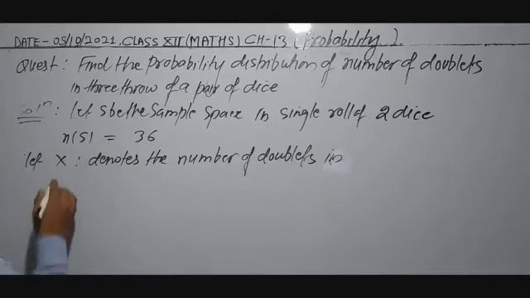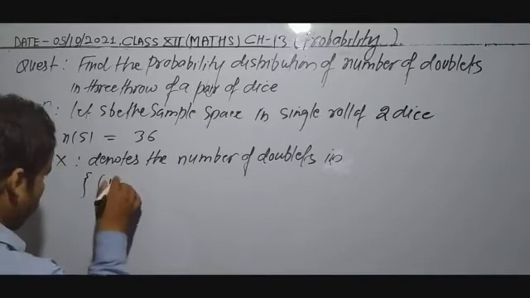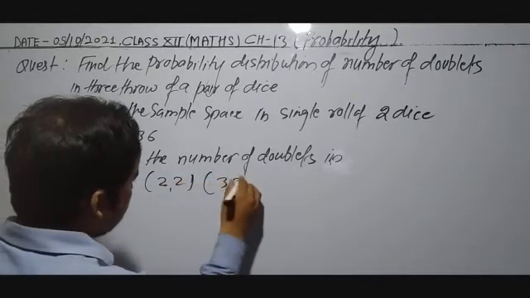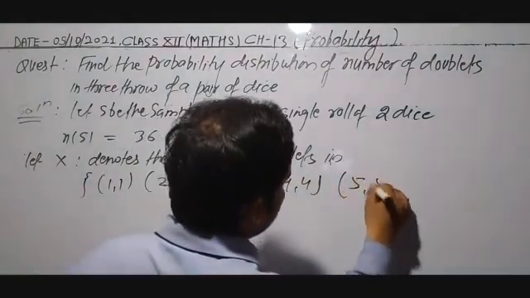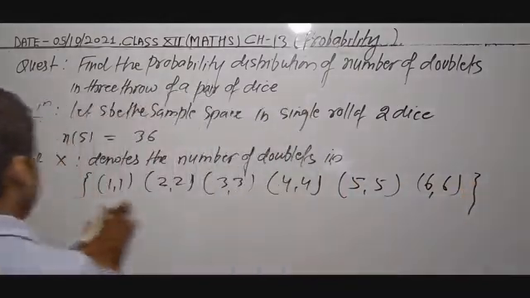What will the outcomes be? The outcomes will be 1 1, 2 2, 3 3, 4 4, 5 5, and 6 6. These are the doublets that will come.